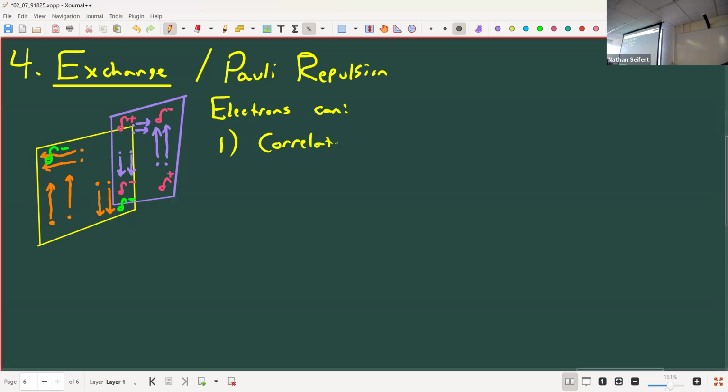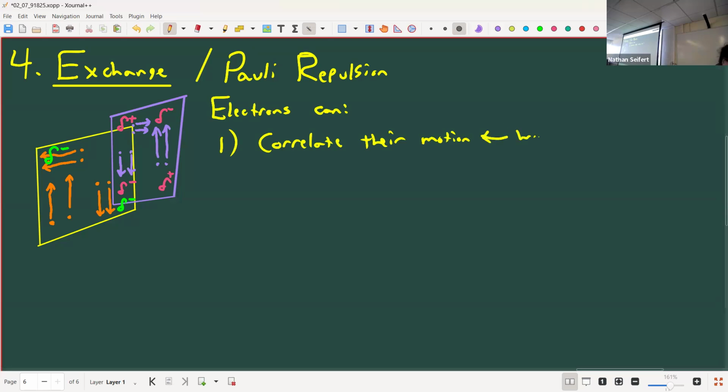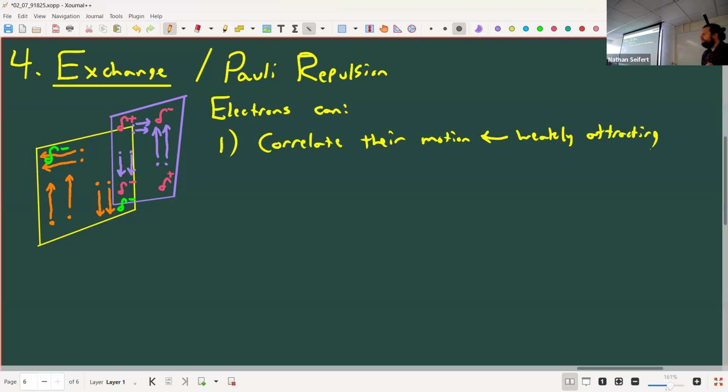So again, they can correlate their motion. This is weakly attracting. They can also swap positions.